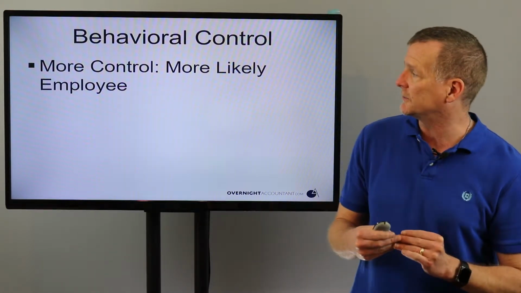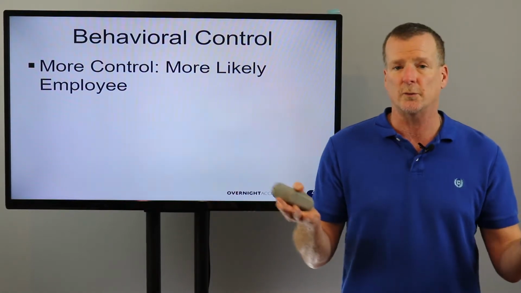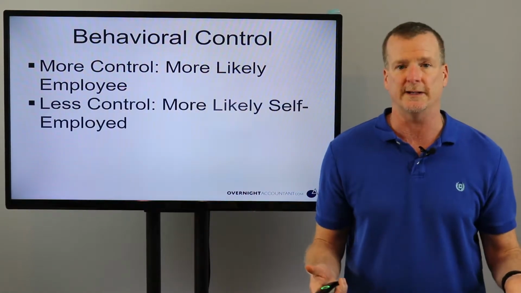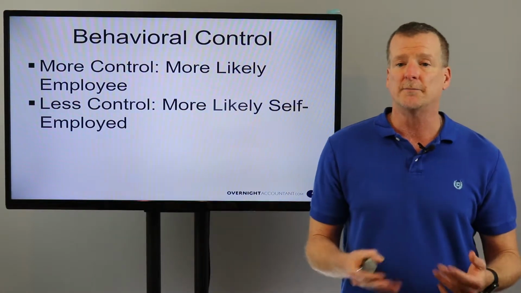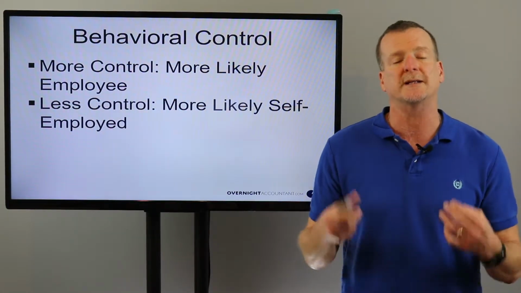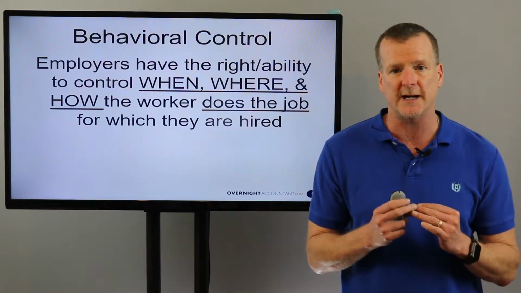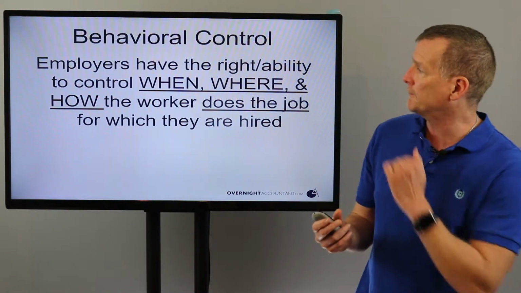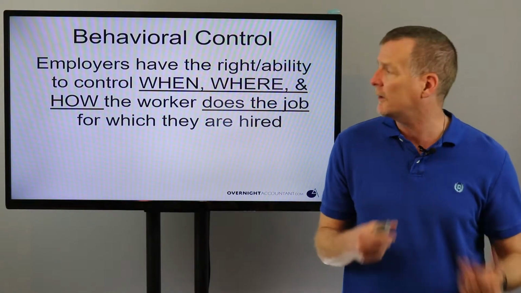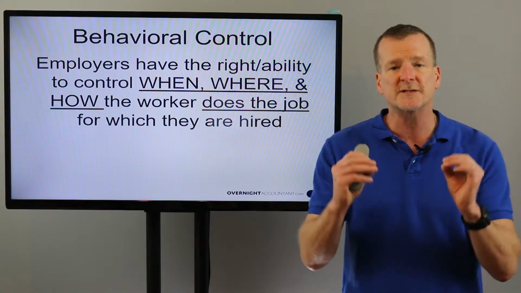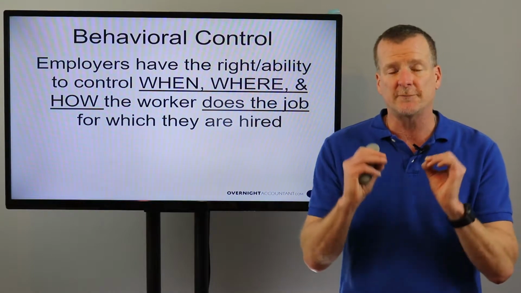But if it boils down to it, the more control you have over the individual or the worker, the more likely they're going to be an employee. Okay? The less control you have over the individual, over their behavior, the more likely they're going to be self-employed, meaning the more likely they're going to be an independent contractor. And employers have the right or ability to control when, where, and how the worker does the job for which they're hired.